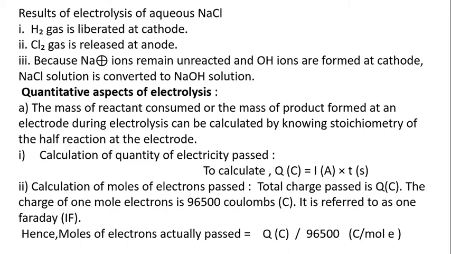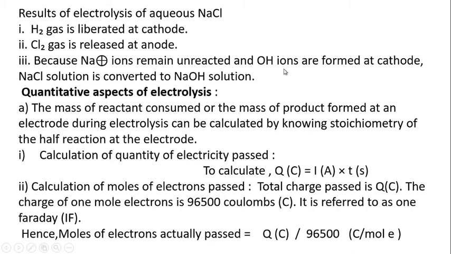So the third result in the electrolysis of aqueous NaCl is that the Na+ ions remain unreacted, because here hydrogen gas is formed by the reduction of water. So sodium ions remain unreacted in the solution, and also hydroxyl ions are formed at the cathode.